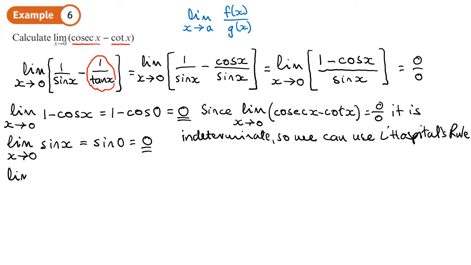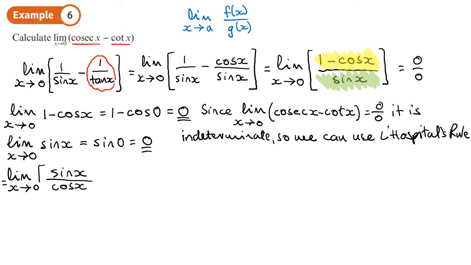Now the question becomes the limit as x tends to 0 of, well, we need to work out what 1 minus cos x differentiated is. That's just going to be sine x. And then the denominator, sine x differentiated, just becomes cos x. Let's write cos x here.